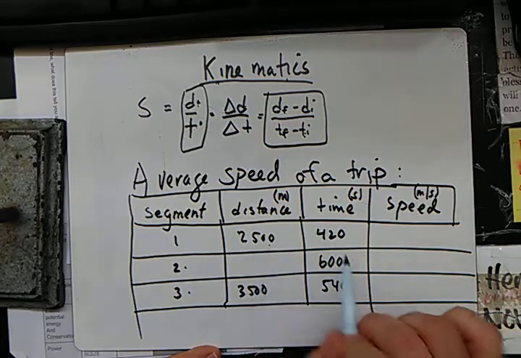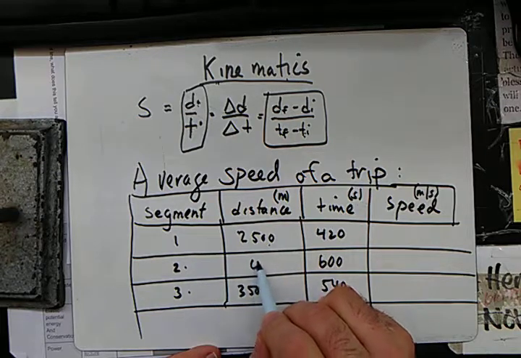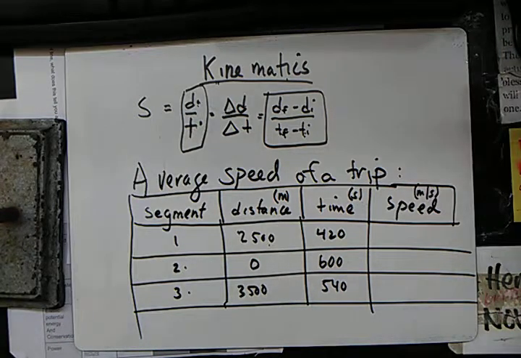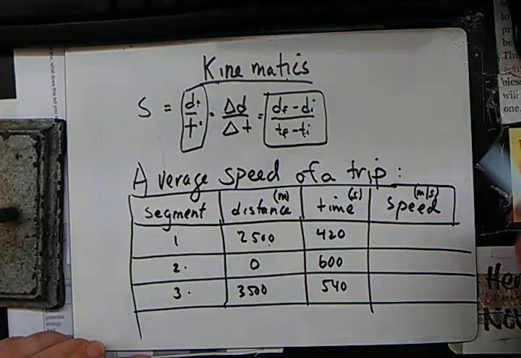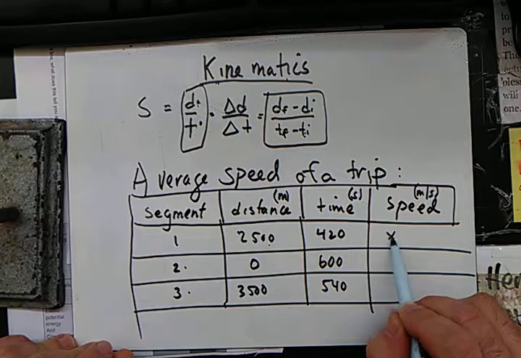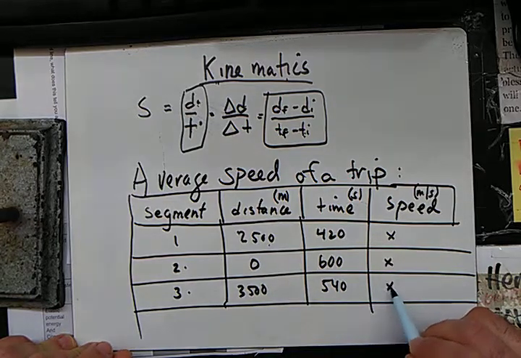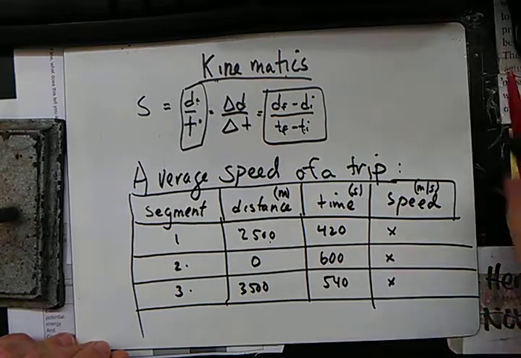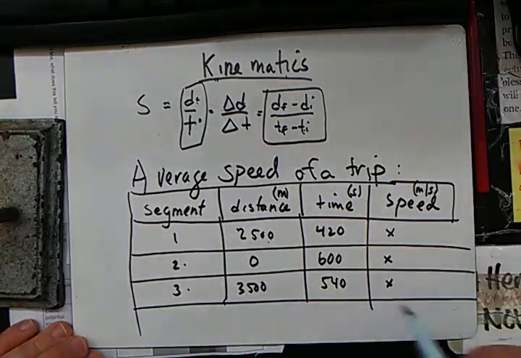So look, when you were at his house, were you moving a distance? No, you weren't. So the calculation here does not involve you coming up with the speeds of all these and averaging them. You would think that it would, but it's not how it's done.